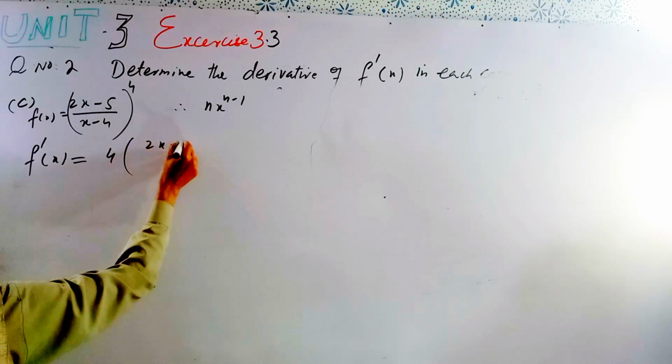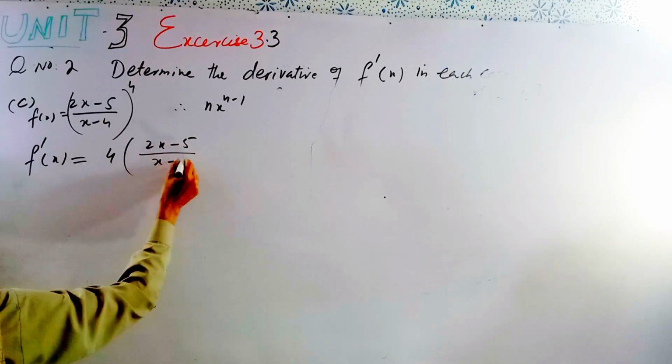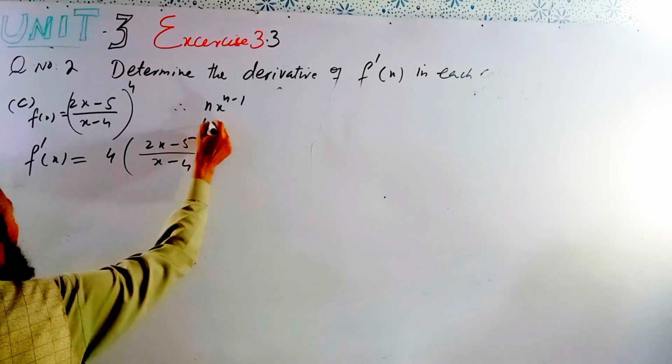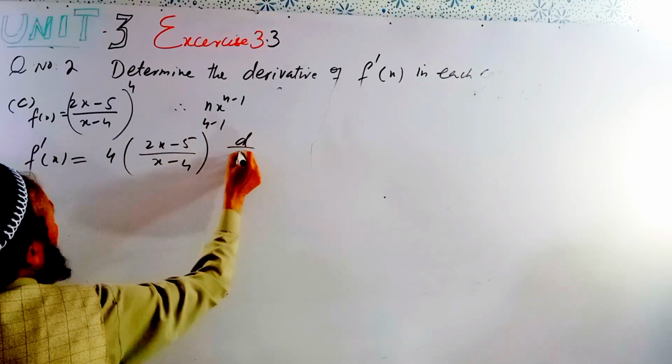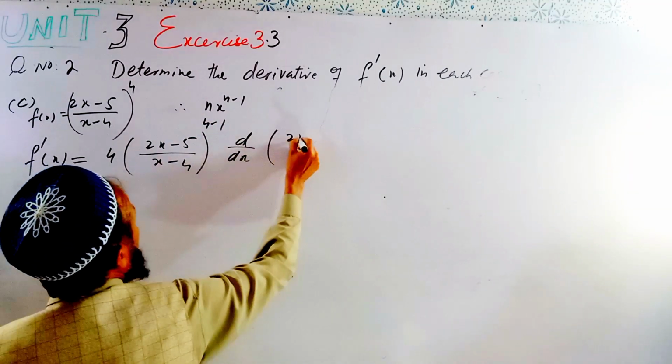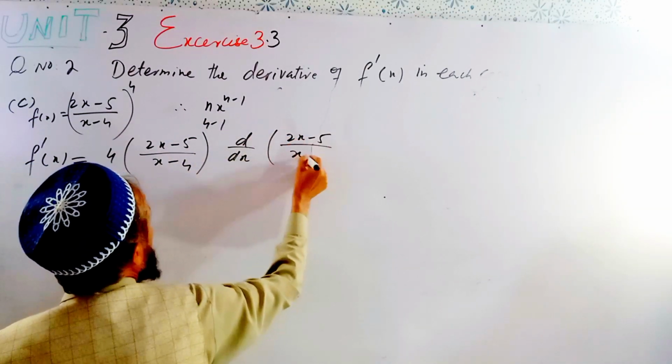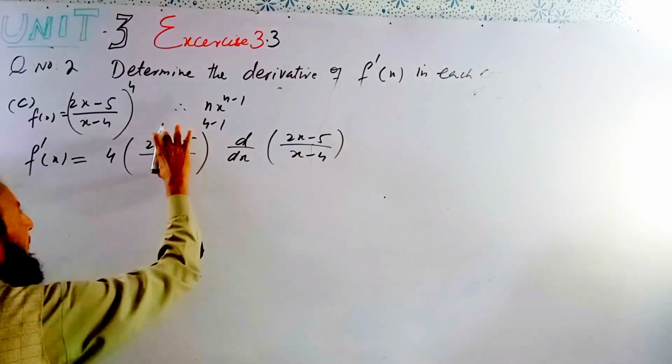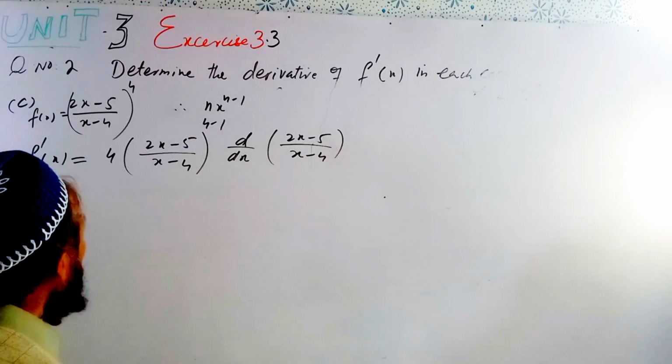Now (2x − 5) divided by (x − 4), so 4 − 1, and further the derivative with respect to (2x − 5) divided by (x − 4). We are taking the further derivative of this function.